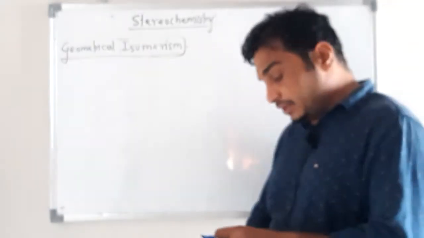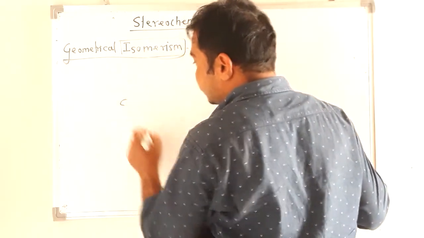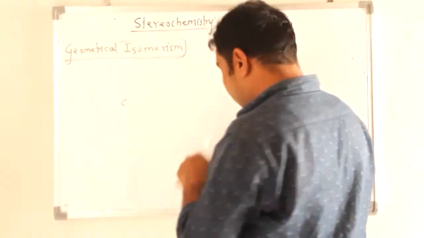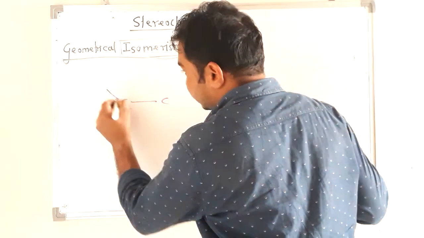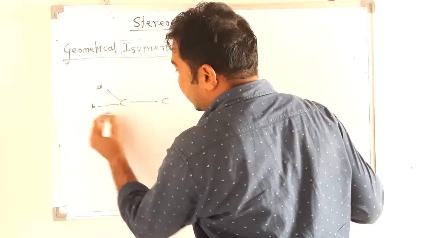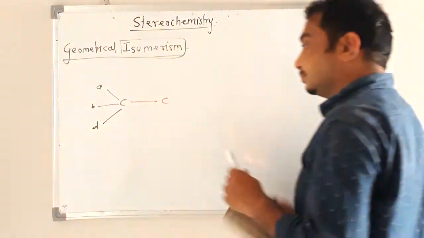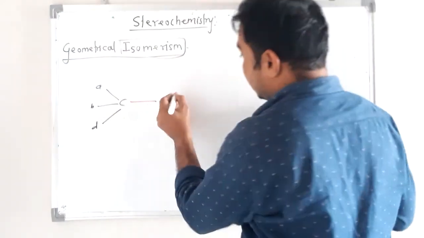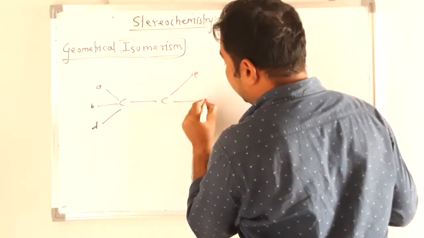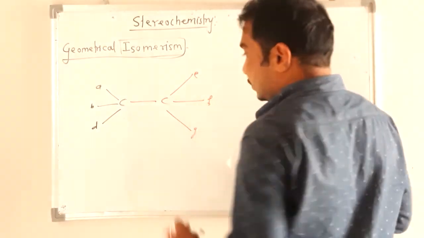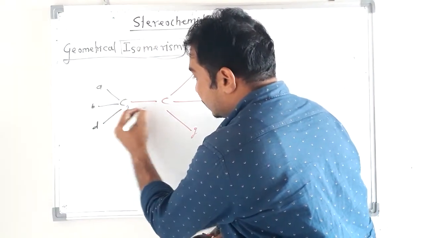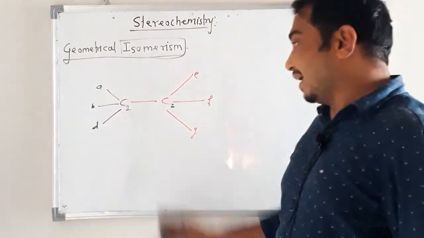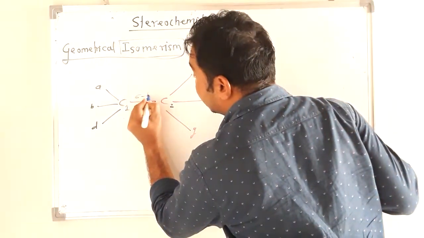Let us see, I will try to explain first. If this carbon is attached by a single bond to another carbon, with substituents A, B, D and E, F, G. This is carbon number 1, attached to carbon number 2 by a single sigma bond.